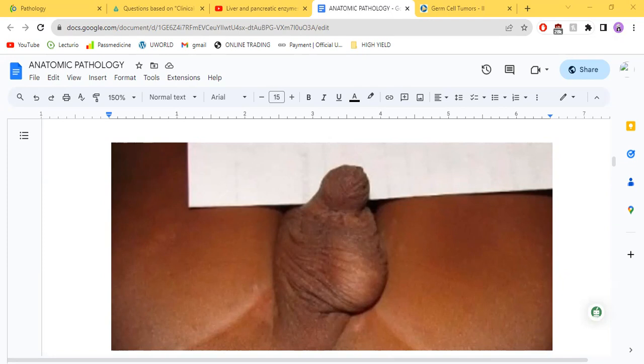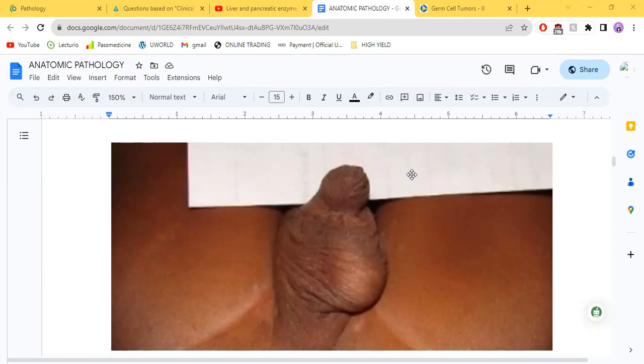This is failure of either one or both of the testes to descend. So what happens usually? You have impaired spermatogenesis. This is because the temperature in the body is higher than outside, and the optimum temperature for sperm production is less than 37 degrees Celsius. You can have normal testosterone levels because the Leydig cells are mostly unaffected by temperature.